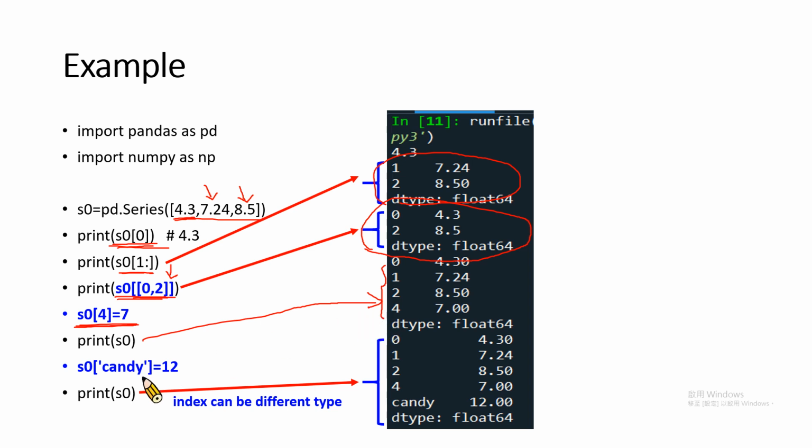And this we change. We first search whether there is any element whose index is candy.